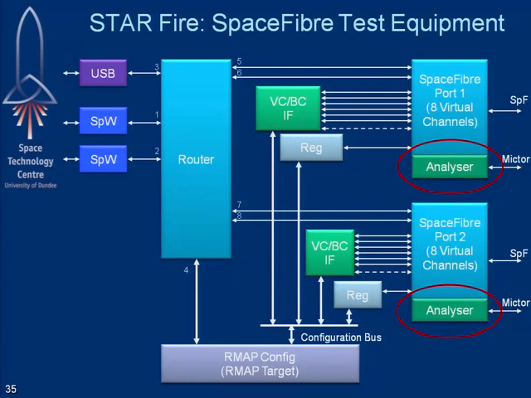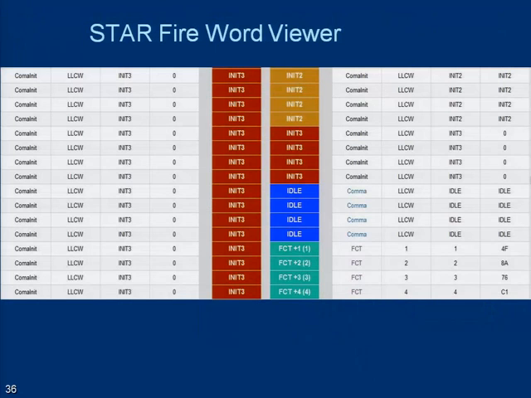And finally, because we wanted to see what we're actually sending and receiving over the link, we included some analyzers here so we can actually see the traffic. So each interface has an analyzer that can record data. So you're actually able to use this equipment either as an interface or as an analyzer itself by feeding a SpaceFibre link through one port and out the other port.